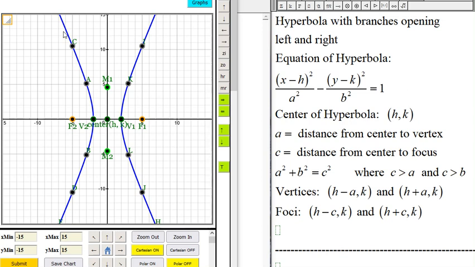So the way the points on the hyperbola are generated is, first, pick any two points, call them F1 and F2, for focus number one and focus number two. In this case, we picked F1 to be at the point 5, 0 and F2 at negative 5, 0.